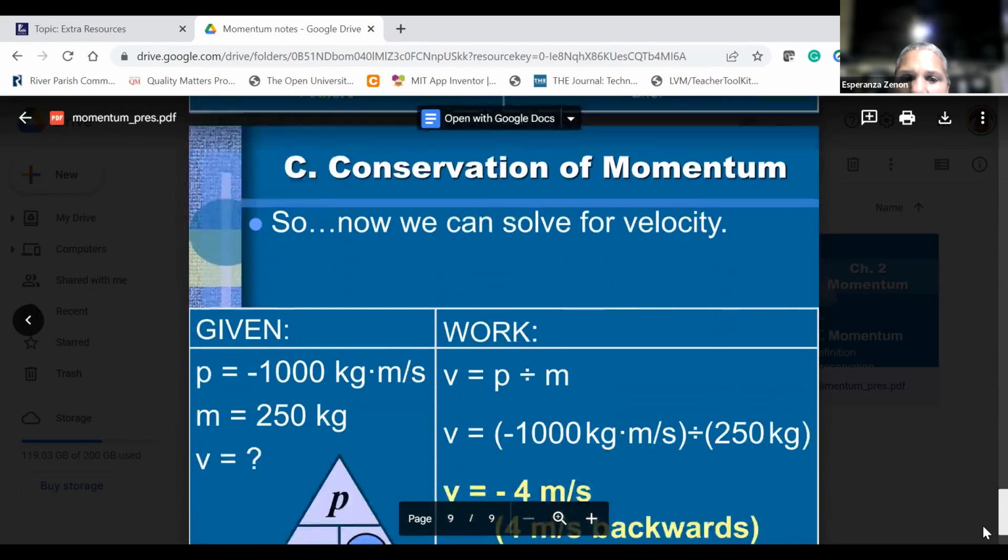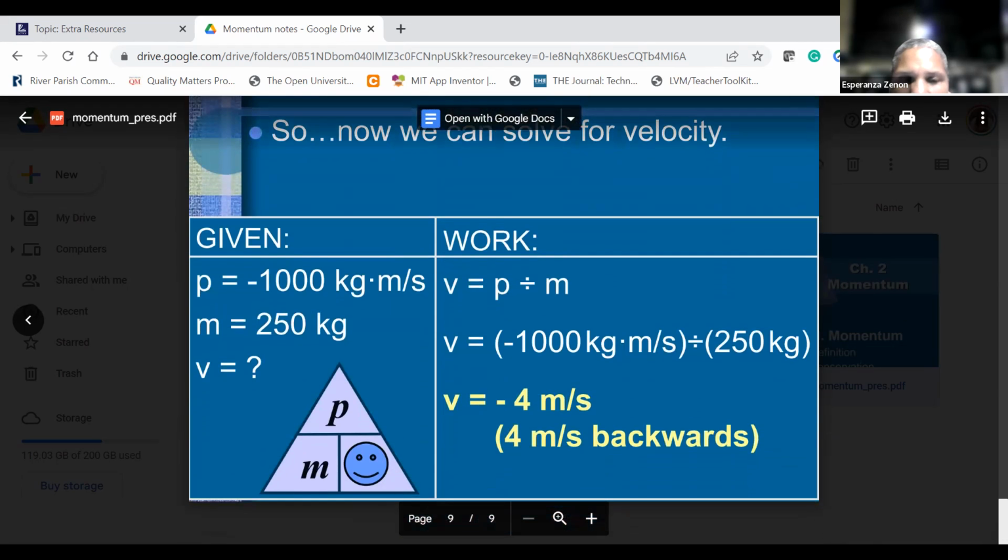Now that we know the momentum of the cannon after, and we know the mass of the cannon after, we can find out how much recoil was involved. So negative 1,000 kilogram meters per second divided by 250 kilograms gives me negative 4 meters per second. And remember, this is a vector.